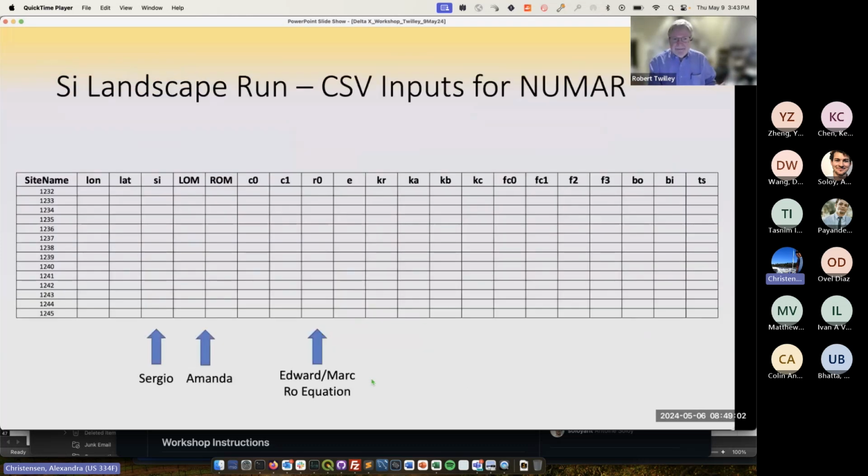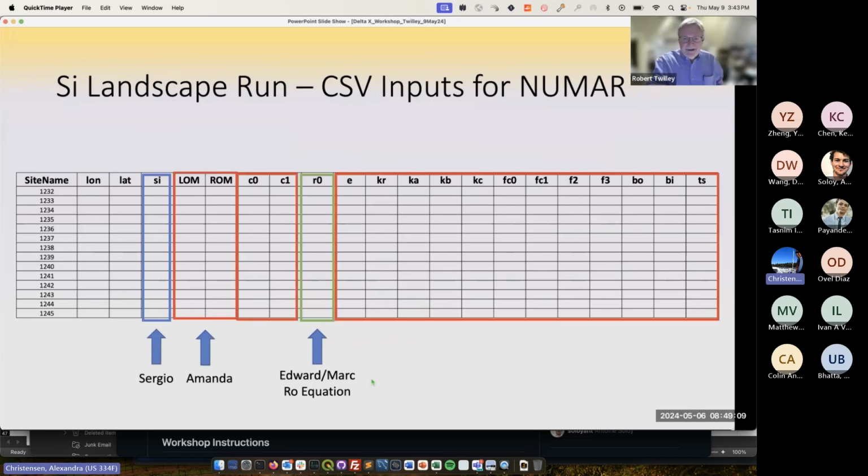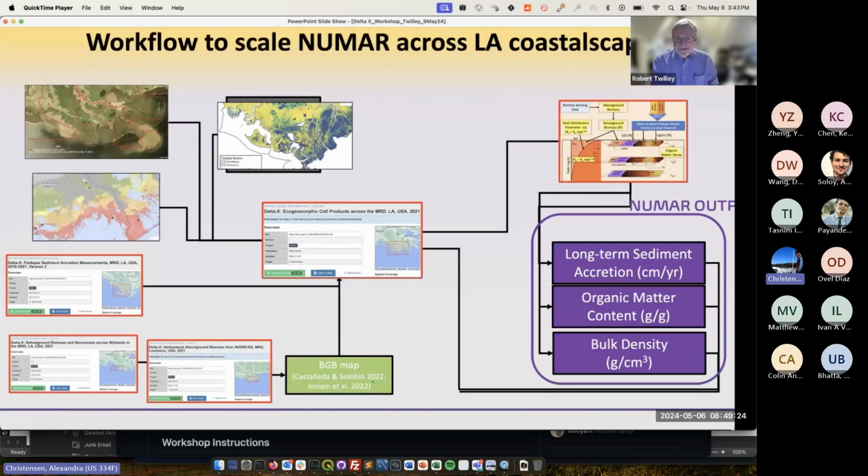But again, you end up with an input table, a lookup table, and you populate it with different techniques. These are the variables that you need for the unit model across each of the columns, and you use different methods to populate those variables in each of the cells, and that gives you the ability to do these landscape models.